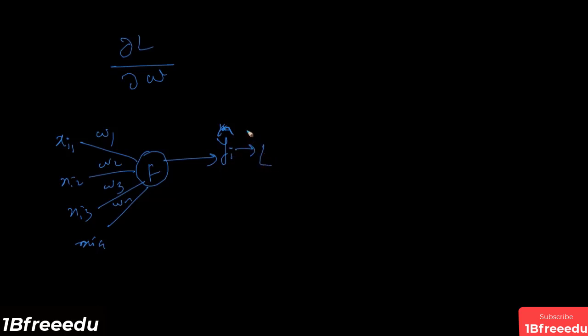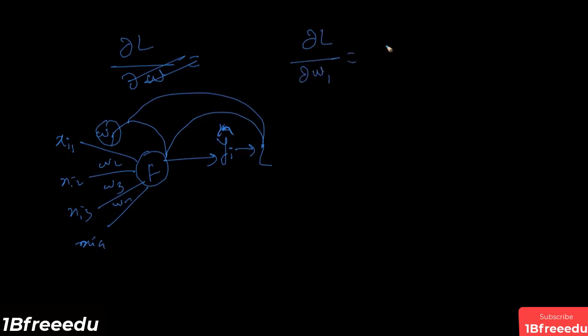We want to compute the derivative of this loss with respect to this w, right? By using the chain rule, dou L by dou W1 is equal to dou L by dou F into dou F by dou W1. So compute this derivative, then compute that derivative.